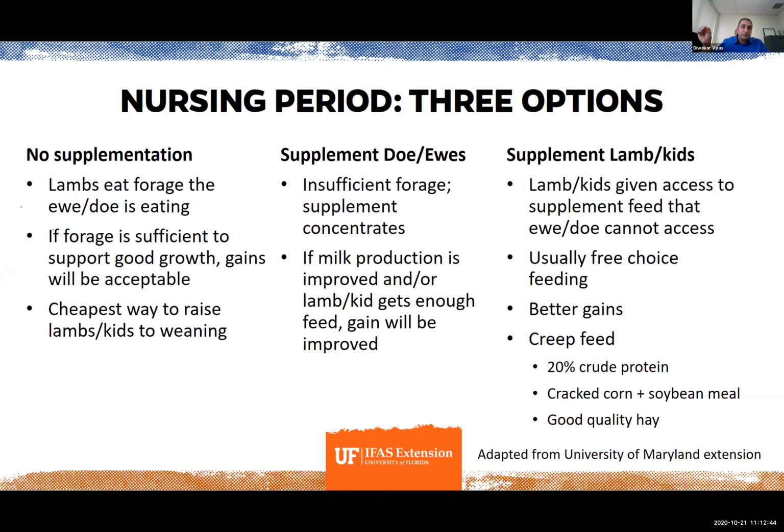We can also provide some good quality hay in the creep feed. It varies from farm to farm as far as management is concerned. I think in some of the research data we have seen, the effects of creep feeding are not very consistent. We cannot say that creep feeding always results in a positive improvement or better performance.